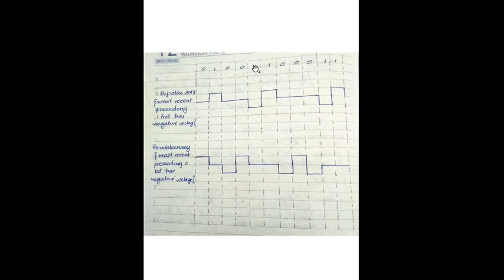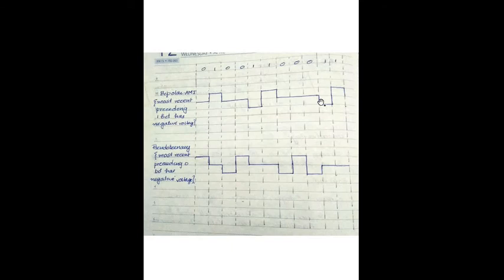Again when 1 comes, if the previous one is positive, then the next one is represented as negative, and the consecutive one is represented as positive. Why is it represented as positive? Because the previous one is negative. Then the zeros are represented as nil, that means the same as the axis level.